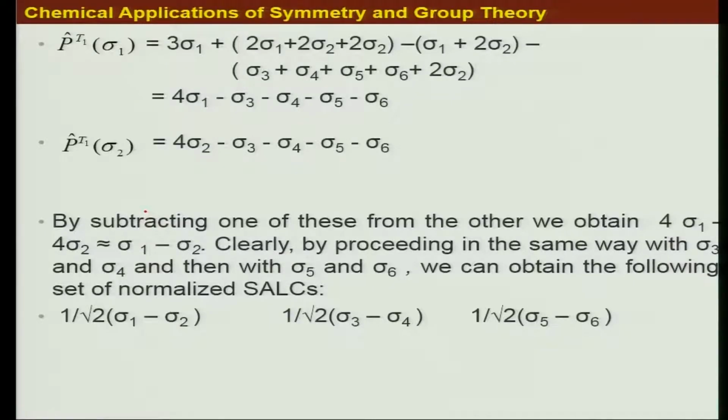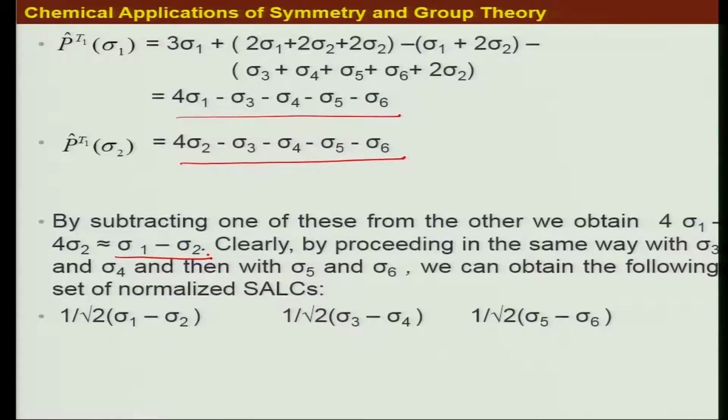You first operate on sigma 1, which is one of the sigma bonds, the MH bonds, and you get this to start with, and when you operate on sigma 2, you get another one. If you subtract one from the other, what you get is sigma 1 minus sigma 2.